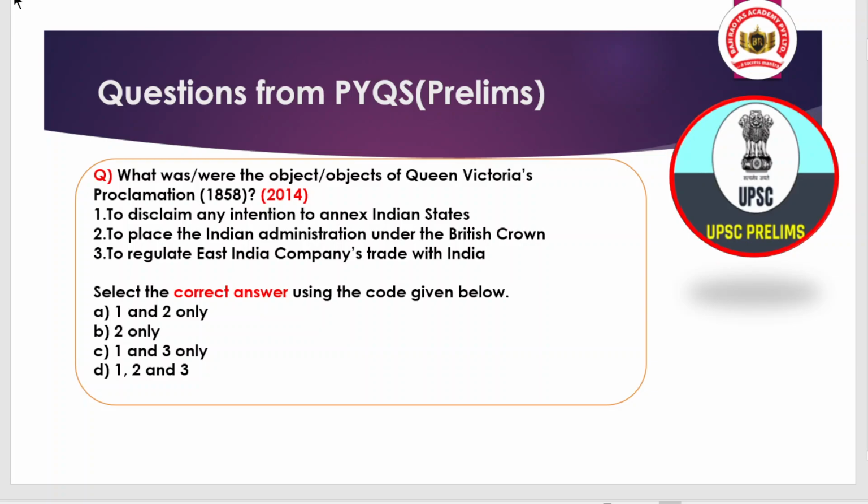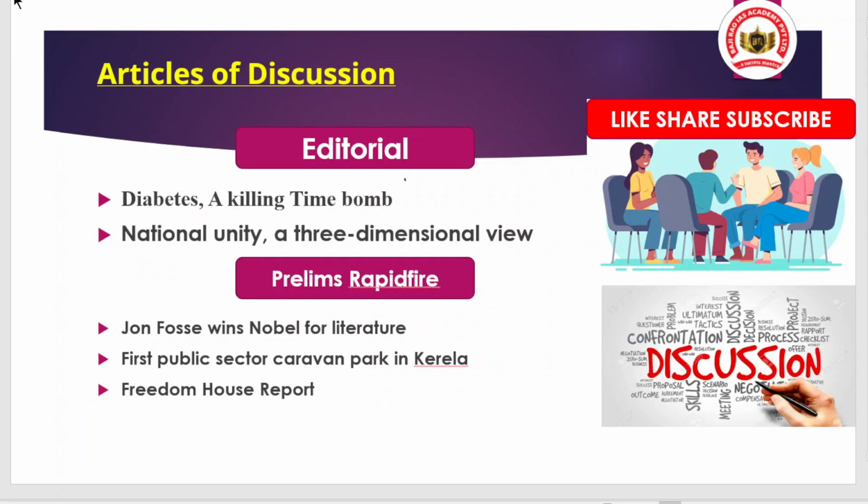Okay, so now after the basic question, now coming to the discussion of the articles. So today we have to discuss 5 articles, and the first 2 articles are related to the editorial section. Okay, and these 2 articles are very important, and even questions get asked in the examination. Okay, and the first article is related to diabetes.